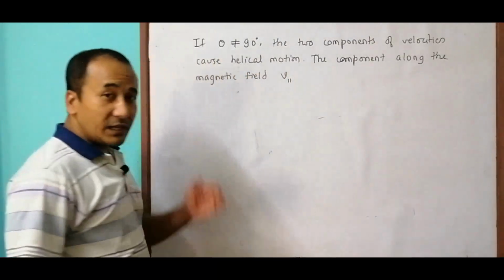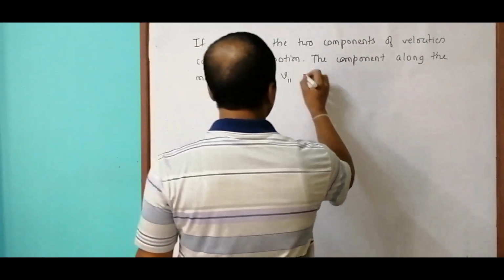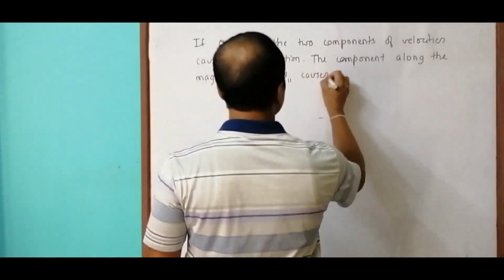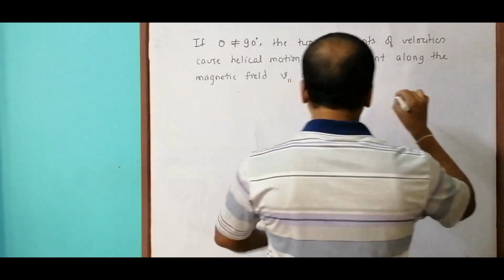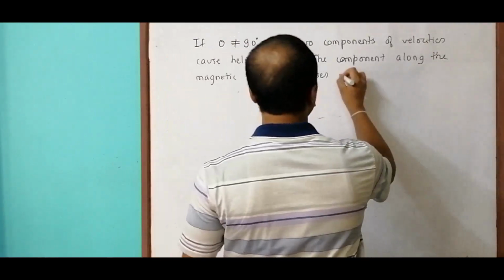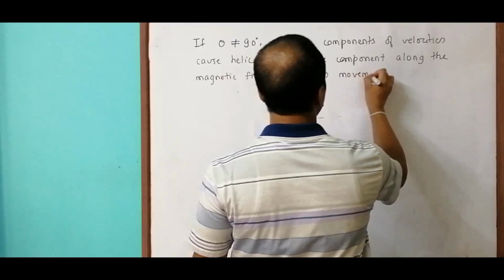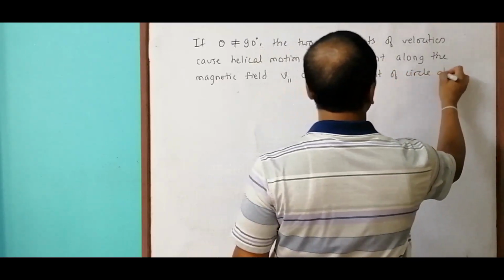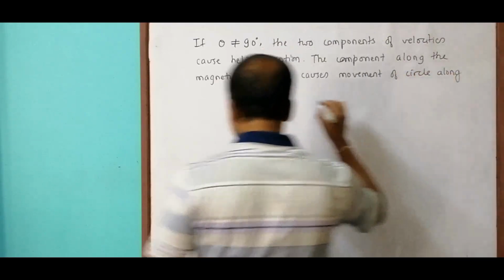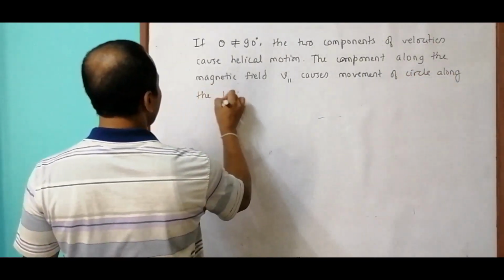V parallel means along the magnetic field. V parallel causes upward movement, movement of the circle along the perpendicular axis.